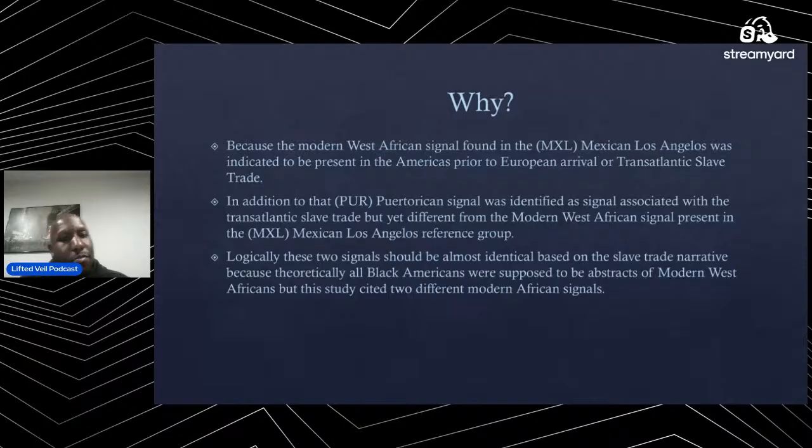So how could this be, right? It's supposed to be the same signal. Logically, these two signals should be almost identical based on the slave trade narrative, because theoretically, all Black Americans were supposed to be descended from modern West Africans, but this study cited two different modern African signals.